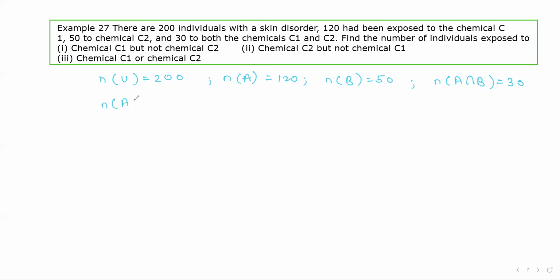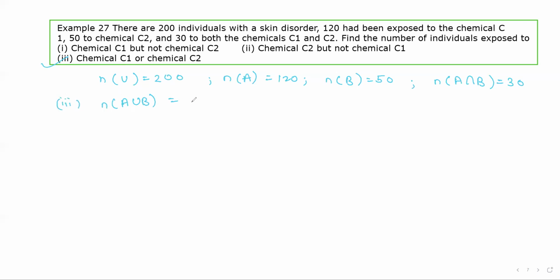Let's calculate N of A union B. Do we need to calculate A union B? Given that you have to calculate chemical C1 or C2, whenever you have an OR, you have to find out the value of A union B. That's why we are calculating the third part first.